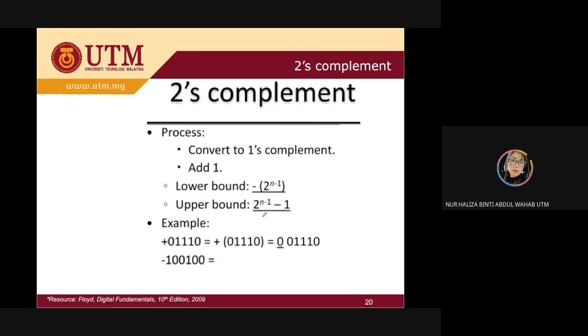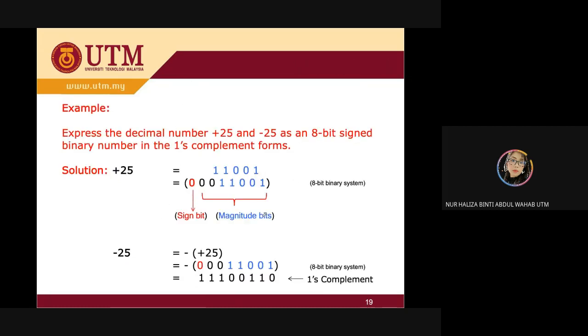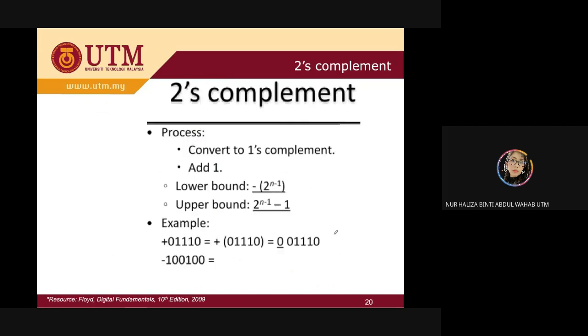Okay, I proceed. This is not enough for you to have a correct answer. When you apply the example I gave you, if you want to add these binary numbers, you still get an error if you use first complement. Then you need another step, which is second complement.